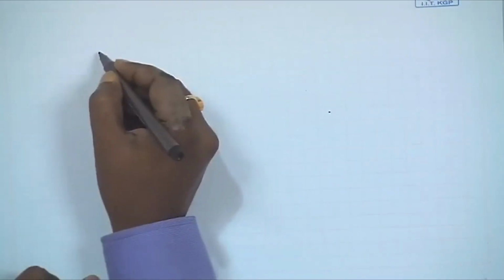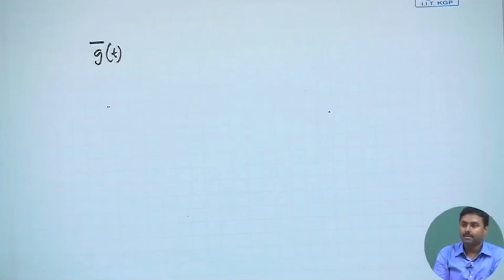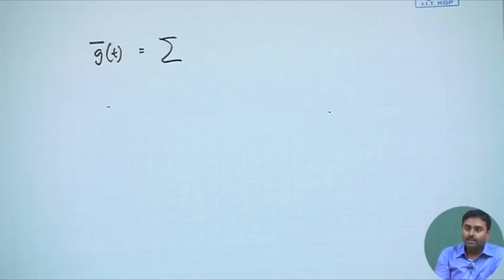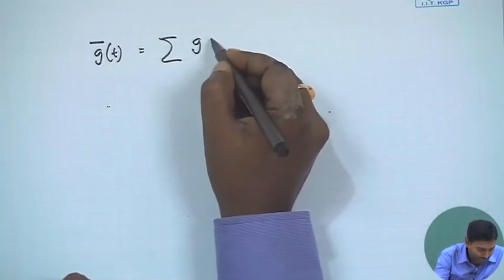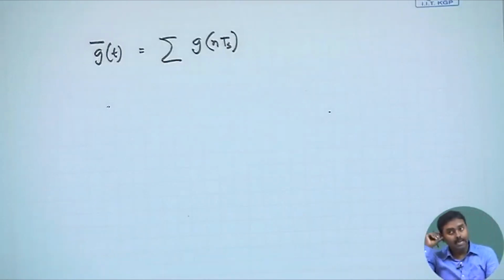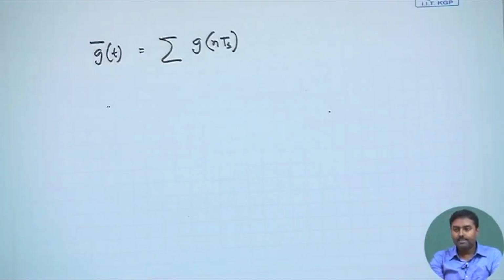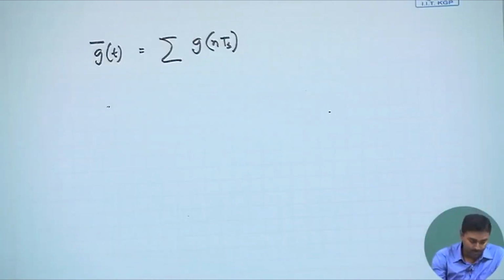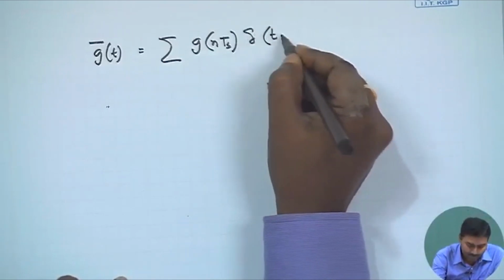What we have so far said is that this G bar, which is the sampled version, at that instance we had some sample, and that sample is multiplied by delta at that point. Let us call that sample at the nth instance G(nTs). This represents, at the nth instant, the sampled signal of that particular G. It should be multiplied by delta(t minus nTs).